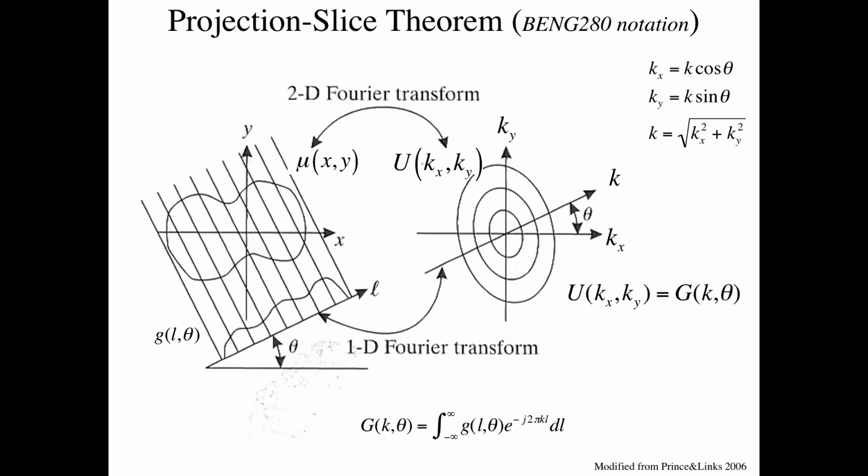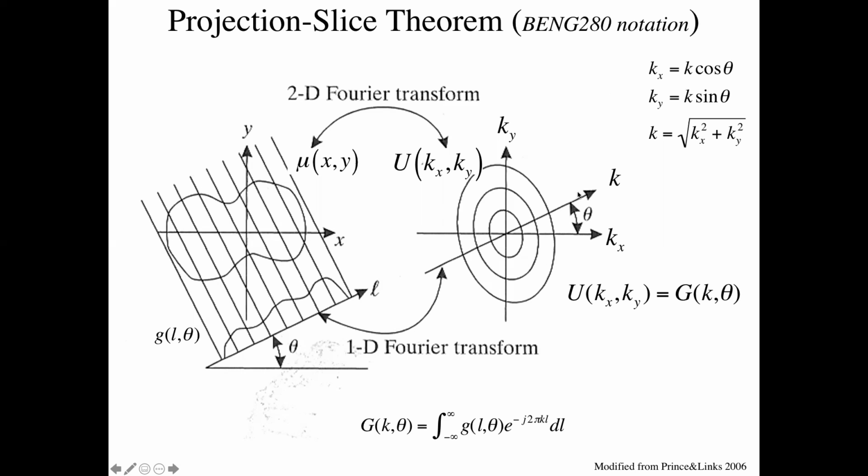So let's go back. Now that we've looked at the 2D Fourier transform, here's our two-dimensional function. We take its 2D Fourier transform, and I get some function over here. Remarkably, when I integrate the brightnesses along here and make a profile, then take the 1D Fourier transform of that, I get a sample through that 2D Fourier transform.